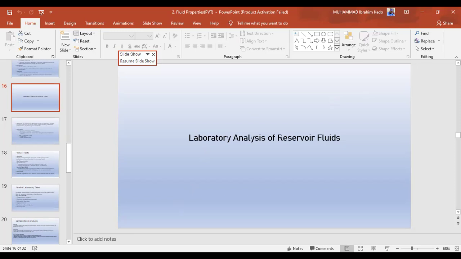And there is also the constant composition expansion test, which determines the bubble point, compressibility and the fluid shrinkage. And there's also the differential liberation experiment, DLE, which simulates reservoir depletion to determine the GOR, the oil shrinkage, and oil density, and so on.